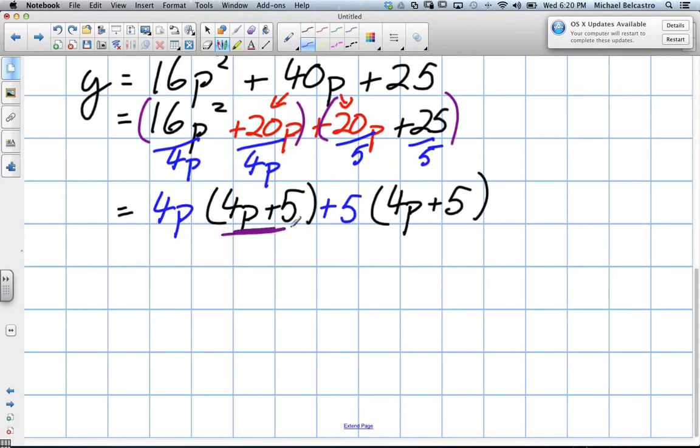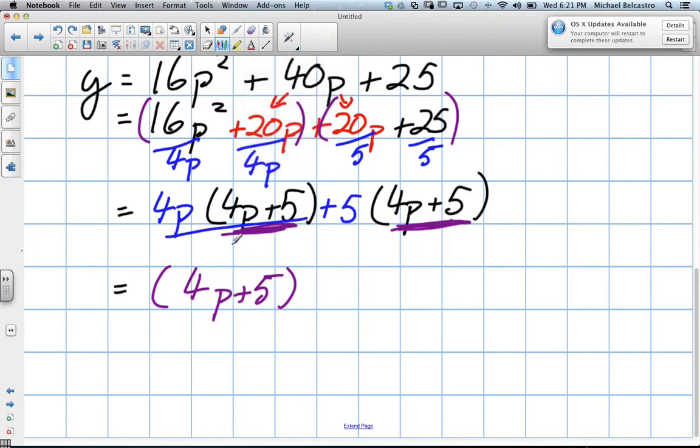If you notice now, these two brackets are identical. This is another type of common factoring. I can actually take those brackets out as a common factor, so I combine them to be one set of 4p plus 5. You can think of it like I divided both of these by 4p plus 5, and that became our common factor.